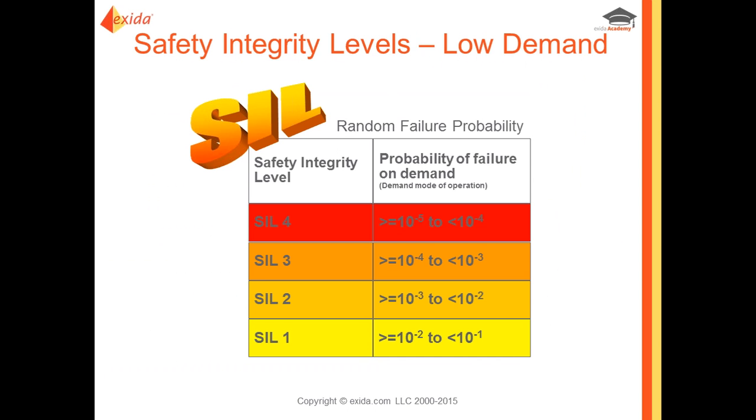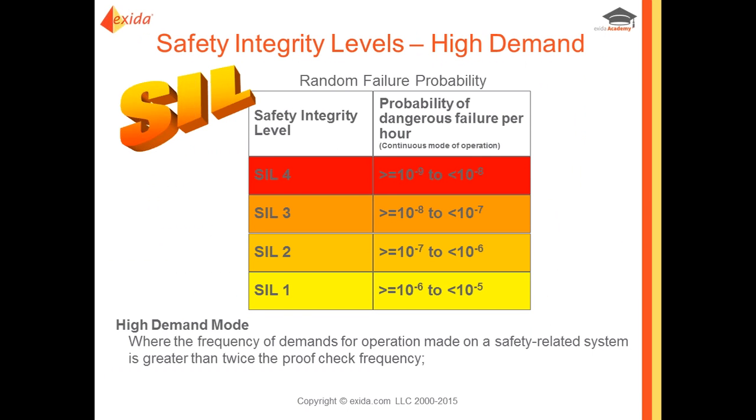So one of the terms that we're going to talk about, and we already talked about a little bit, is low demand mode. And this is where the frequency of demand of operation, per the standard's definition, made on a safety-related system is no greater than once per year and no greater than twice the proof test frequency.